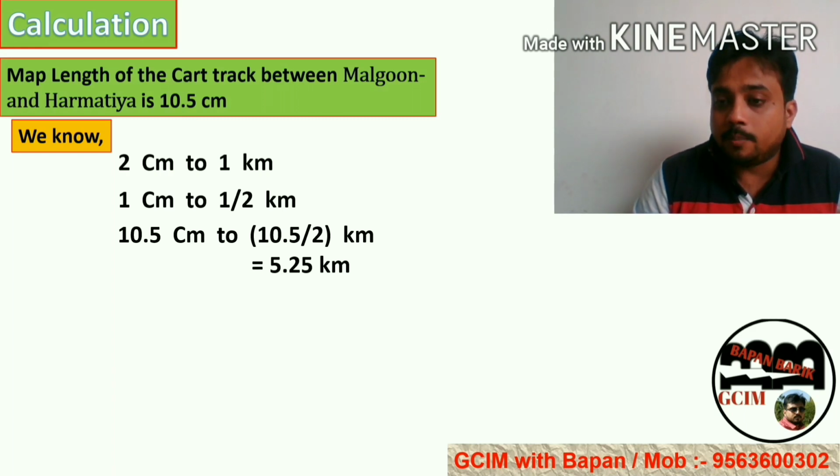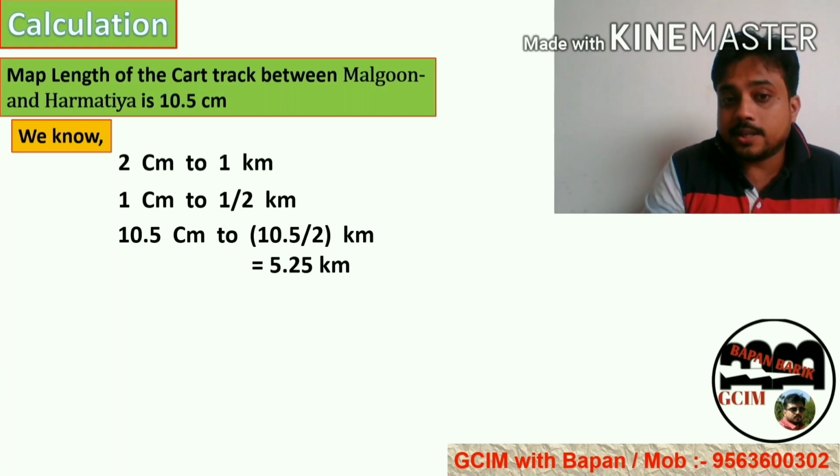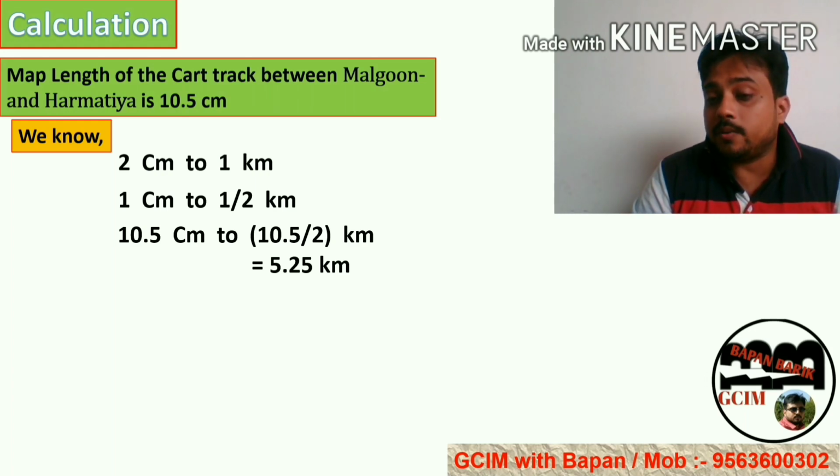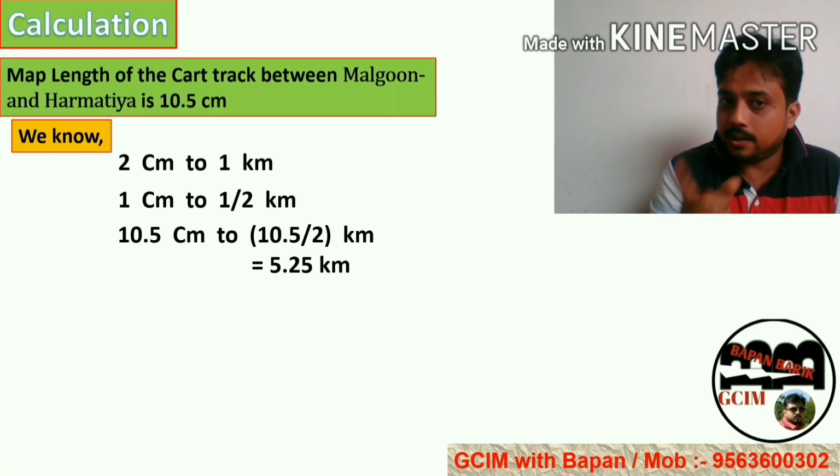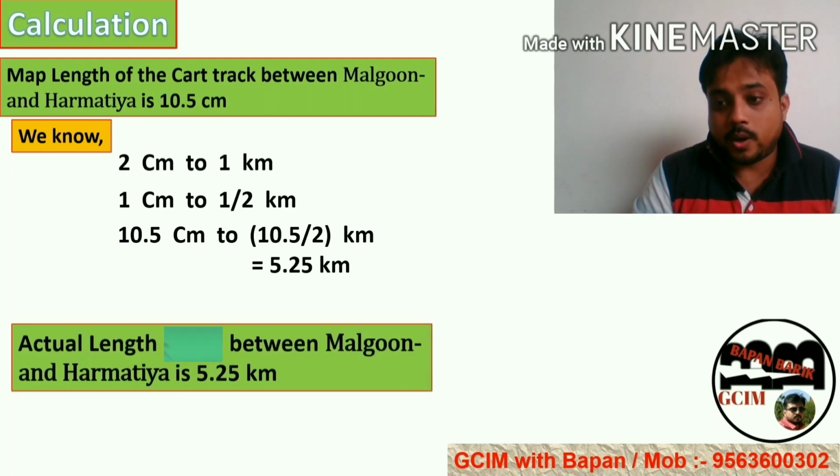Through this process you have to do division, and here you can see 10.5 divided by 2, and then you will get 5.25 kilometer, and it is the actual length in between Malgaon and Harmatia. So the actual length between Malgaon and Harmatia settlement is 5.25 kilometer.